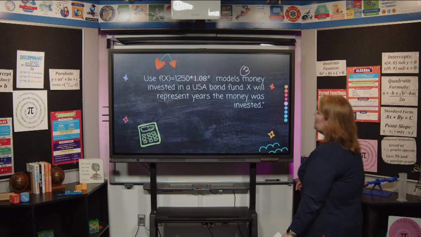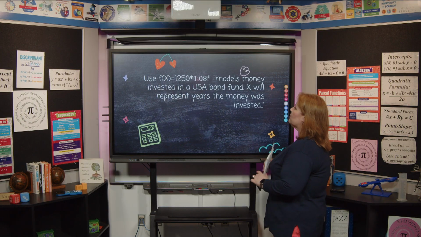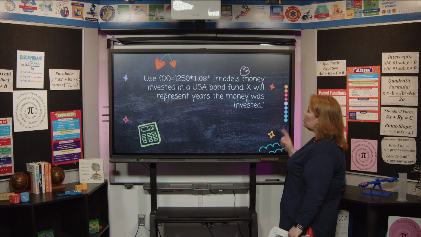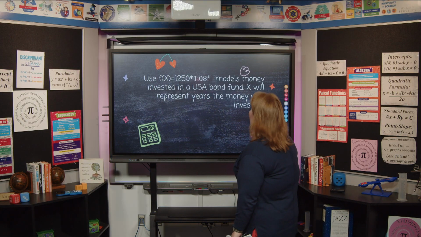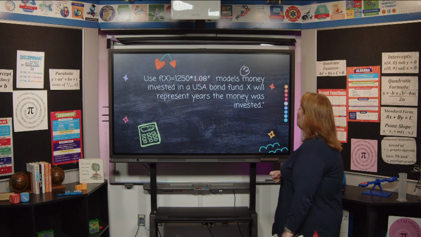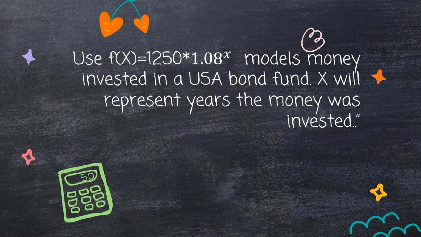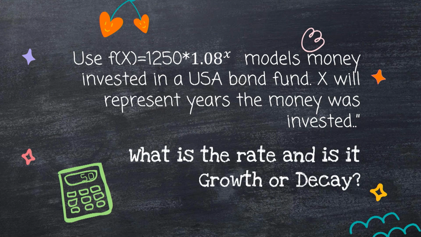Use f of x equals 1,250 times 1.08 to the x, which models money invested in a USA bond fund. X will represent the years the money was invested. So, let's see. What is the rate, and is it a growth or decay? So I am looking at this right here. Remember, if it's above 1, it is a growth.